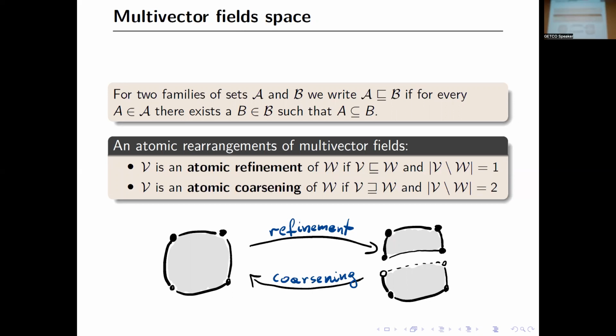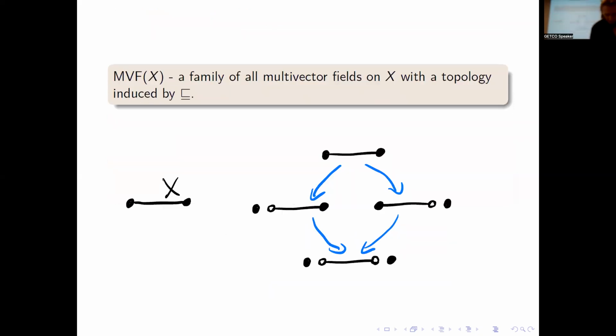One of the operations is to split one multivector exactly into two smaller multivectors, or you have the reverse operation when you just glue two multivectors into a bigger one. We refer to those two operations as atomic rearrangements. In one direction you have refinement, the other way around you have atomic coarsening. And you can play with this idea. You can actually build a topological space of all multivector fields for a given space.